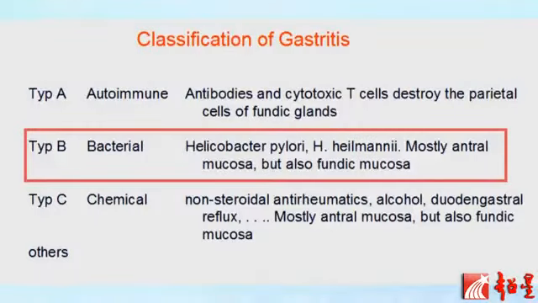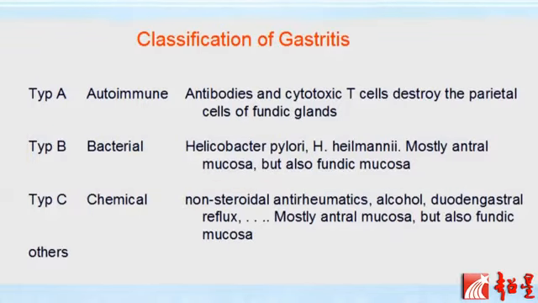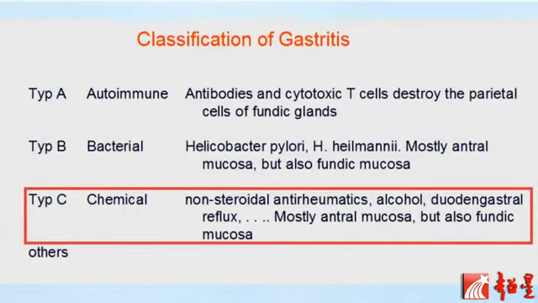The second type is bacterial gastritis. So it's associated with HP, usually HP. And the third is chemical. Some drugs, some alcohol, or the reflux of duodenal, gastric.